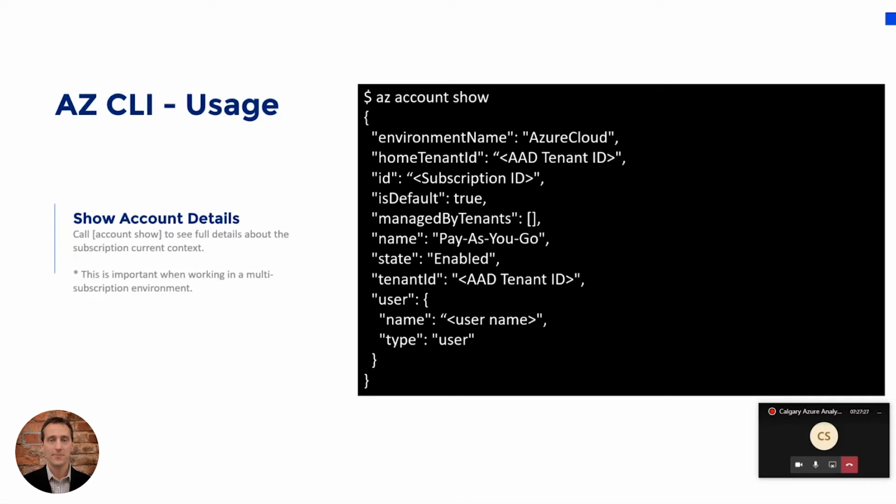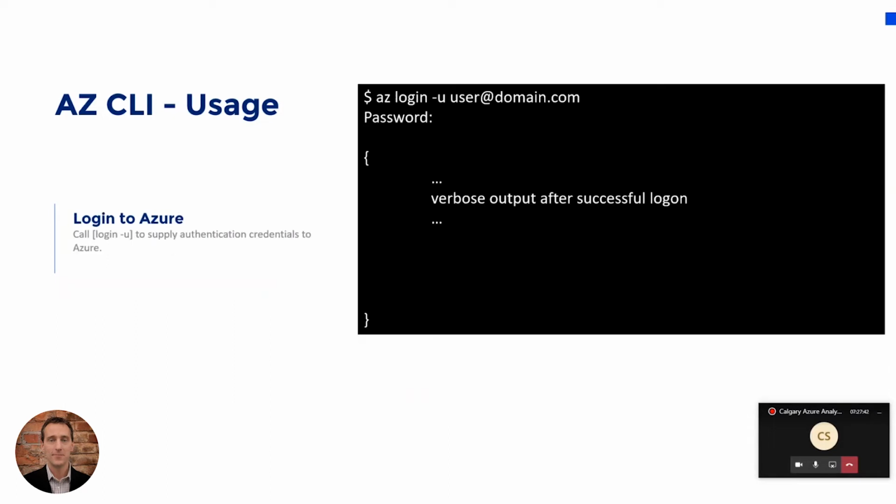Here's an example of AZ account show. Of course, you basically get a JSON response back, which is pretty normal for most of these command line utilities. You get a response that gives you some details about your tenant information. Prior to actually executing any Terraform, of course, you have to have a context into the Azure environment, and that's done through AZ login.